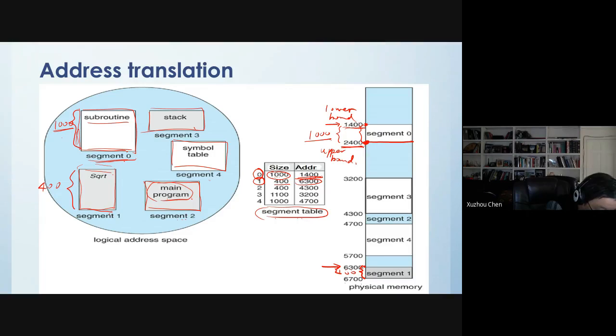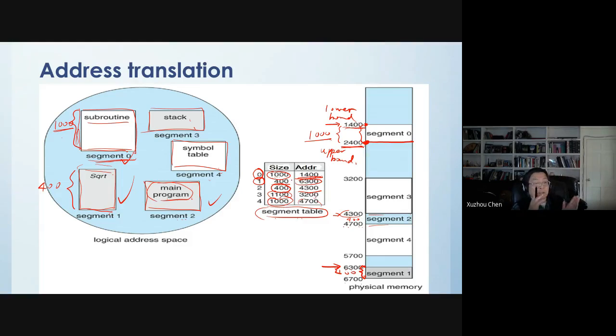So that's the memory range for this segment 1. And segment 2, the size is also 400, and it starts from 4300. So 4300 plus 400 is 4700. Okay, that's segment 2. And segment 3 and segment 4 are basically the same: that's the size, that's the starting address.